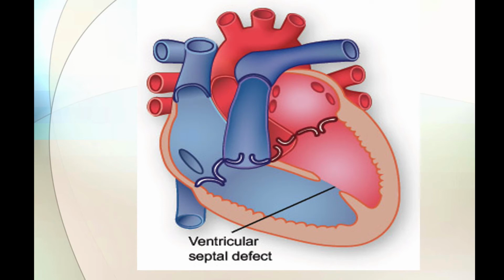If it does not close by the time a child is 2, they recommend doing something about it so they don't have pulmonary problems. Surgically, they will use Dacron patches or something along those lines if it's too big for a suture. But you have the same problems here that you have with an ASD.